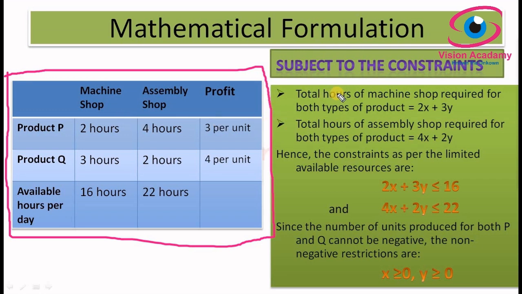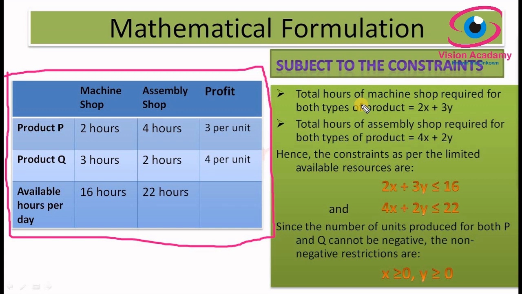Okay, so look here. Total hours of machine shop required for both types of product. In the machine shop, product Q also has to go, product P also has to go. Products P and Q have to go through the machine shop. In the same way, products P and Q have to go through the assembly shop.